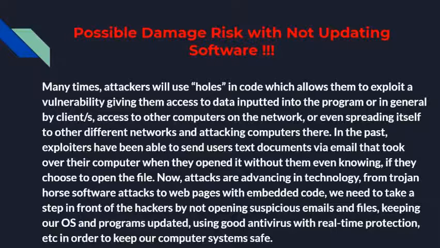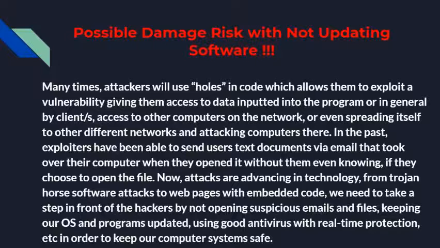In the past, exploiters have been able to send users text documents via email that took over their computer when they opened it, without them even knowing, if they chose to open the file. Now attacks are getting much more advanced technologically, from Trojan horse software attacks to web pages with embedded malicious code.